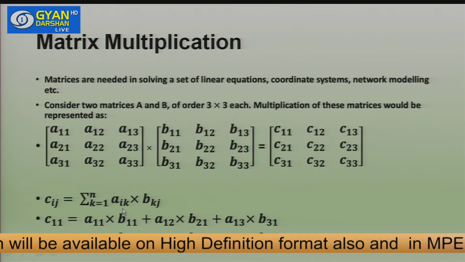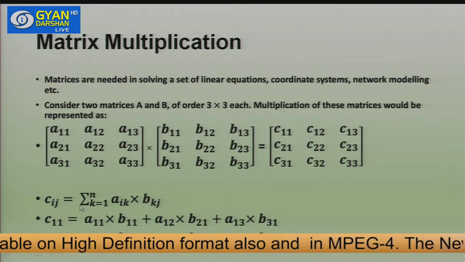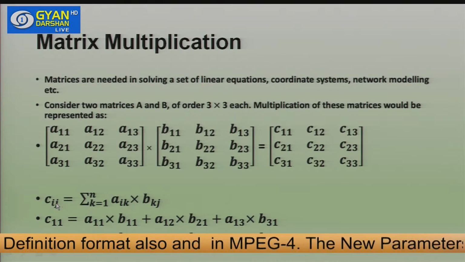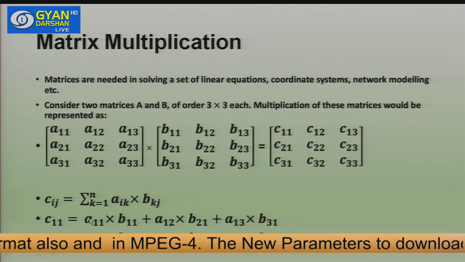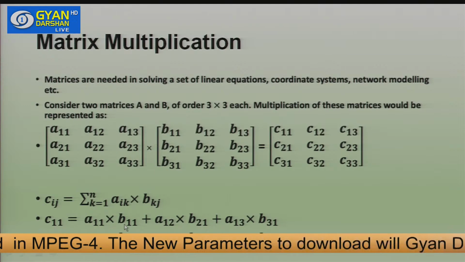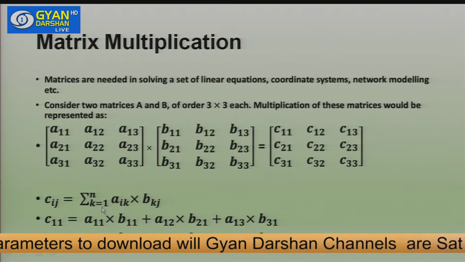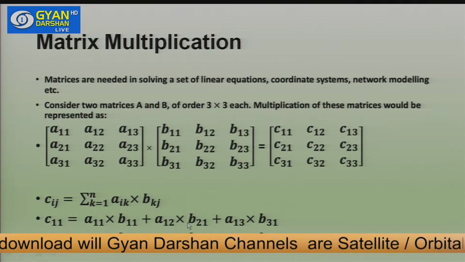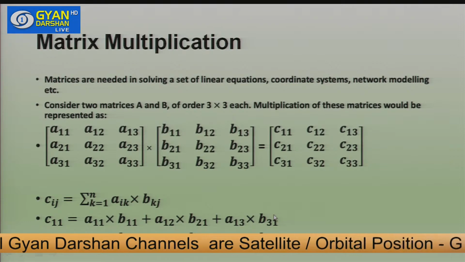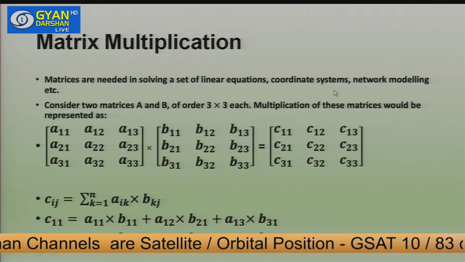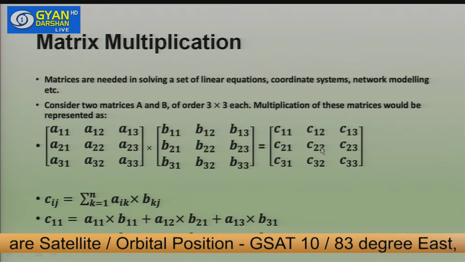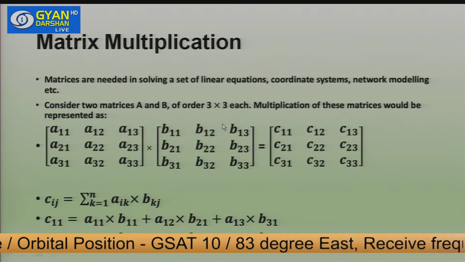You can check: for C11, k equals 1 gives A11 multiplied by B11, plus A12 multiplied by B21, like that. So you will get all these equations, an equation for each value of C. This is the way matrix multiplication is performed.